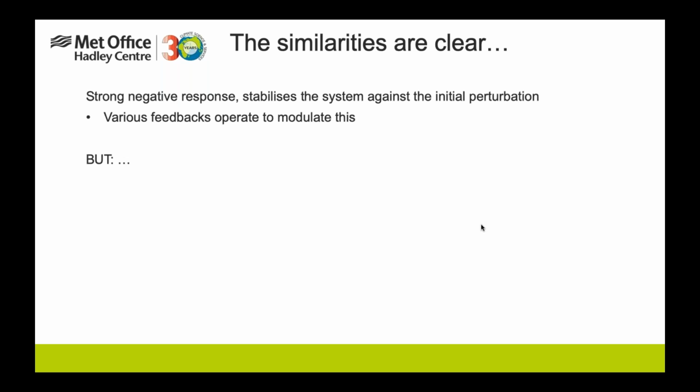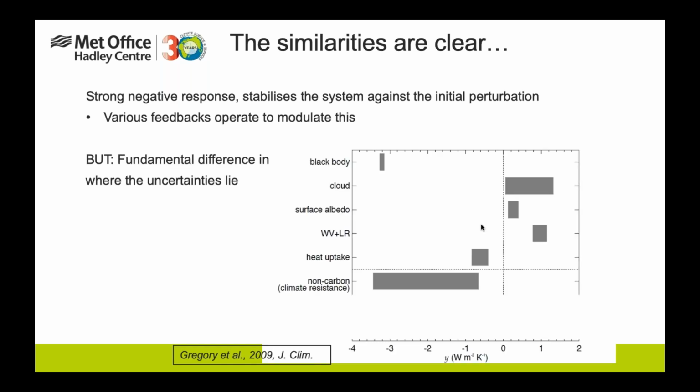But what we find, if you start looking in detail, the real fundamental difference is where the uncertainties lie. So this is the paper by Jonathan Gregory, and we can see on here, if I get my cursor up, hopefully you can see that the black body response, or the Planck response up here in the top left, is extremely well known.